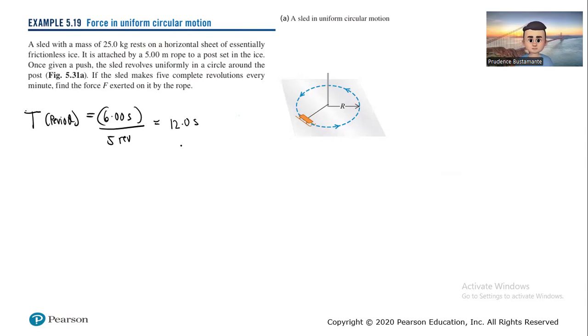Okay. So we are given here R is equal to 5.0 meters. So we need to find the force exerted on it by the rope.